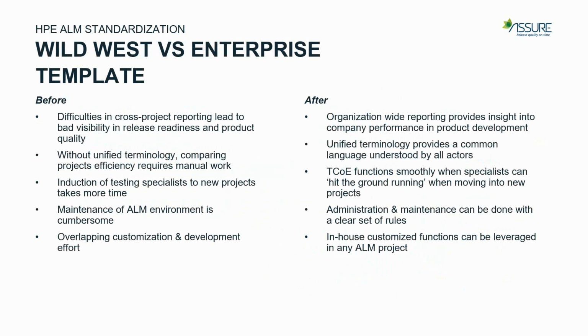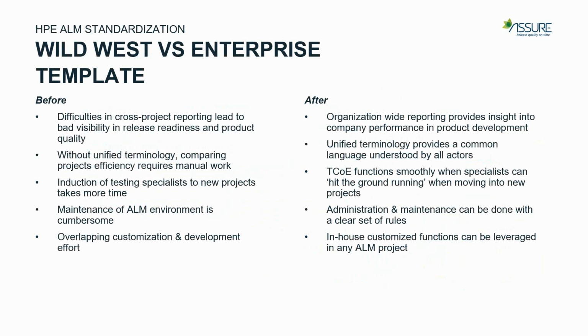So the before situation of the standardization initiative, we like to call the Wild West sometimes. So what we have there is difficulties in cross-project reporting because each project can have their own configurations and usage models. And this can lead to bad visibility in overall release readiness and product quality.